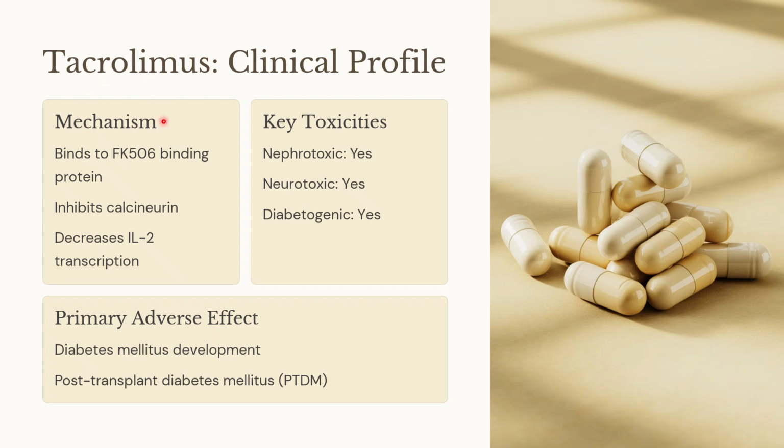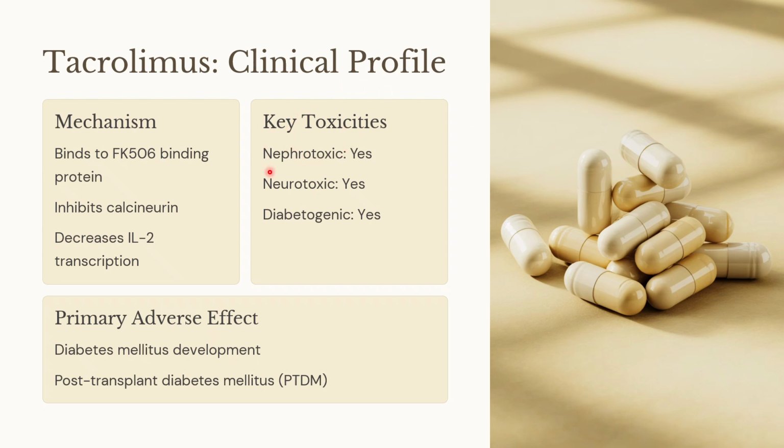So tacrolimus is also, you can remember it as FK506. It will bind to FKBP. The FK506 FKBP complex will inhibit the calcineurin. So the mechanism is similar to cyclosporine, but it binds via a different binding partner. And the following pathway is the same. That is, it will decrease the interleukin-2 transcription, it will decrease the T cell activation.